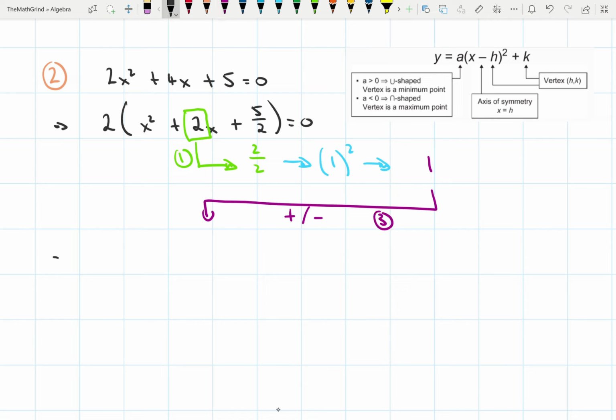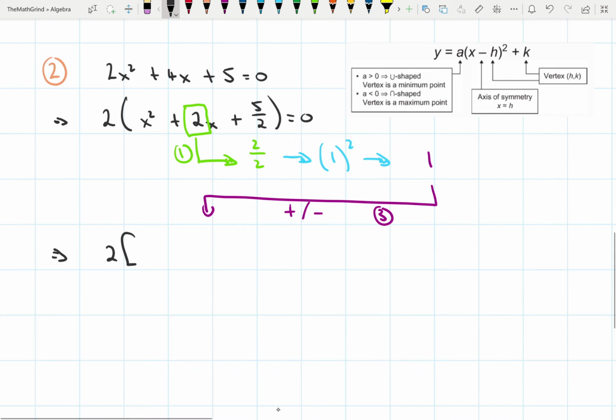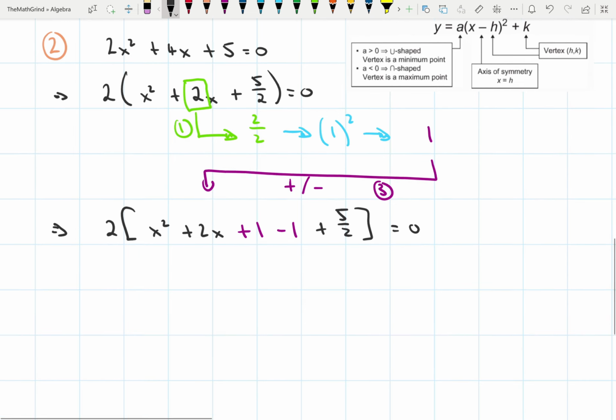Now you do all this, but just remembering that that 2, I want to leave that outside the brackets. So it's going to be x squared plus 2x. Remember I said I always do the plus 1, and sorry, I'll color code it like I did, plus 1 minus 1 here, so that it'll turn into a perfect square whenever I factorize this trinomial part.